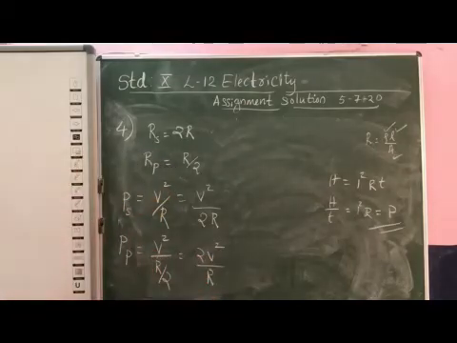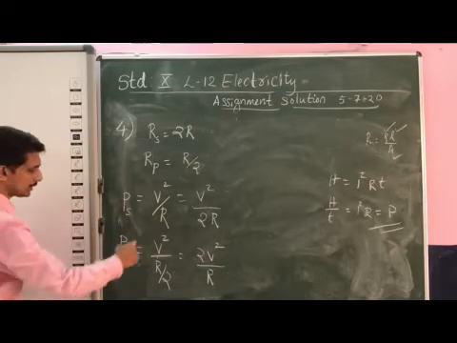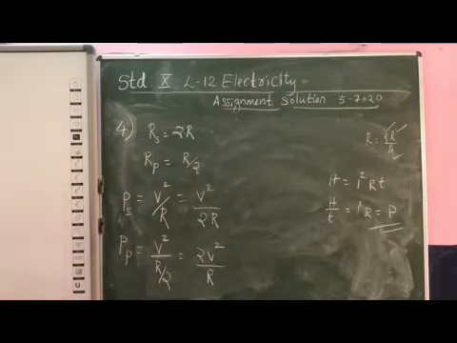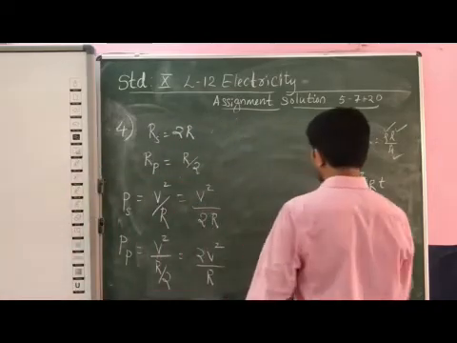So we have the power produced in series and the power produced in parallel combination. We have to find the ratio of heat produced in series and parallel combination.